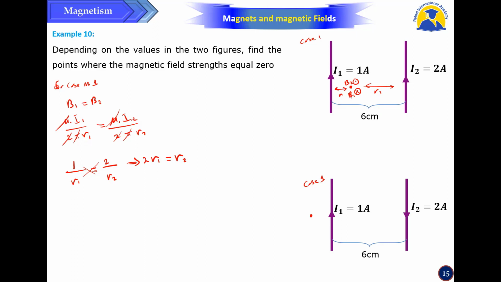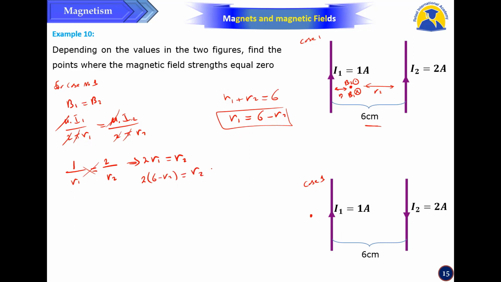Okay. Here, from the graph, R1 plus R2 will equal 6 centimeter. So we can say that R1 equals 6 minus R2. Here, instead of R1, we can replace R1 with 6 minus R2, so 2 times (6 minus R2) will equal R2.